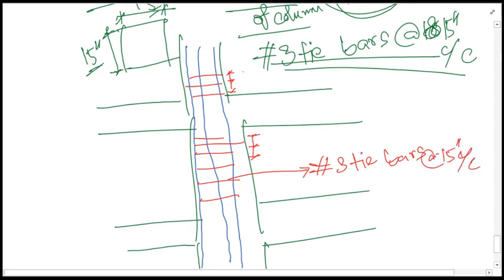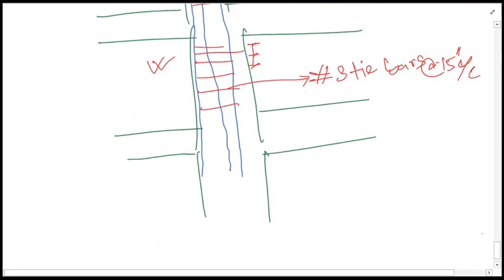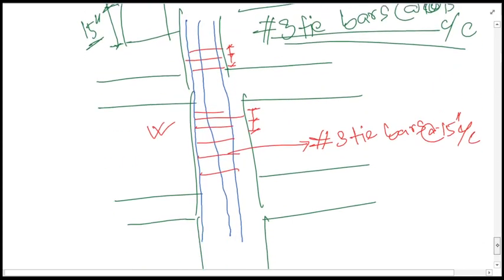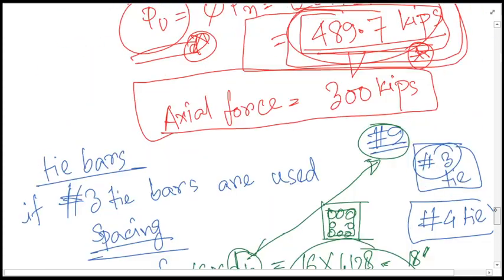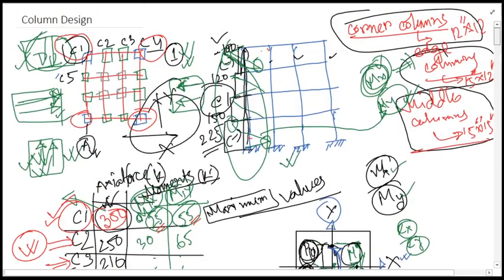So that's how you will have to show all this column. This is the longitudinal section, and the transverse section you will be cutting the column in different portions.